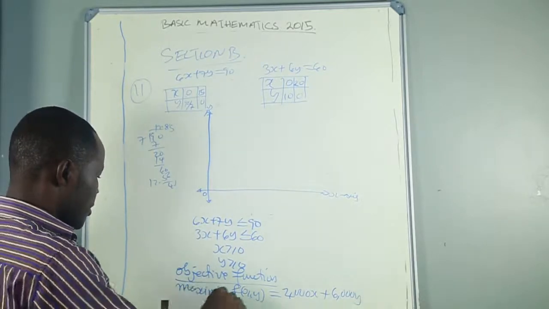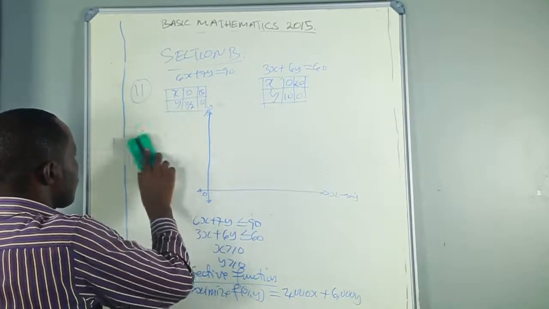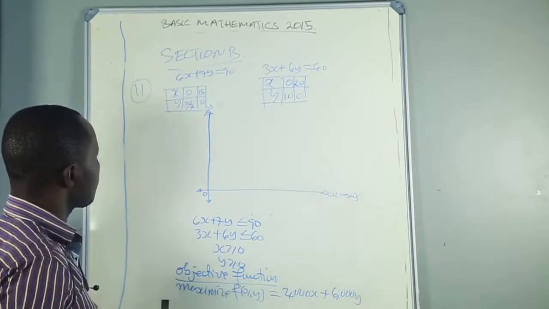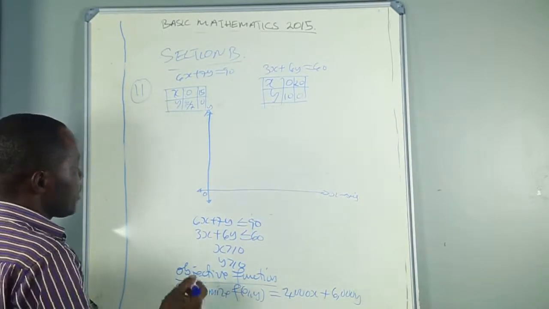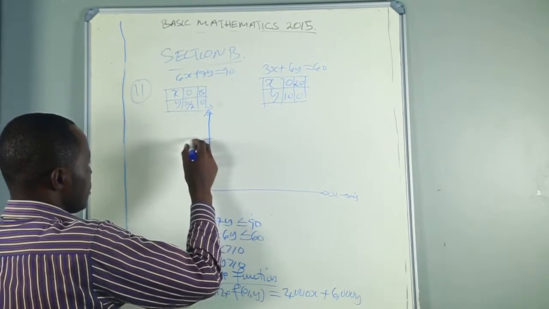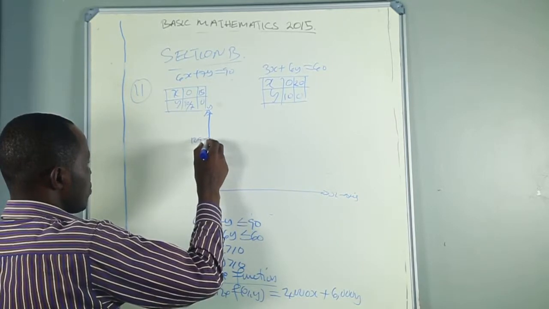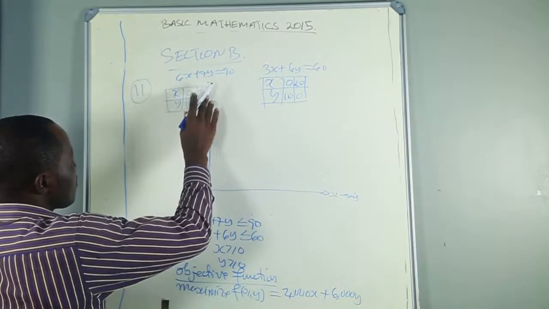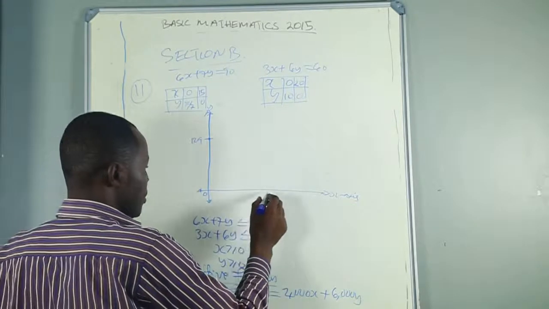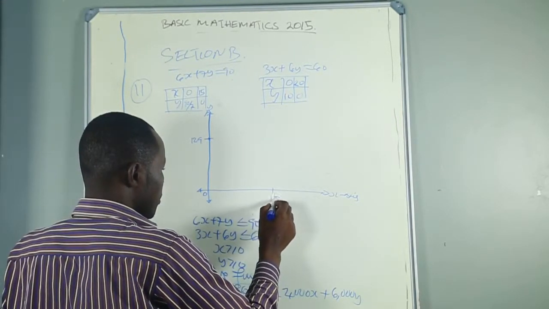So the value of x is 0 but y is 12.9, this point. Then x is 15, y is 0.